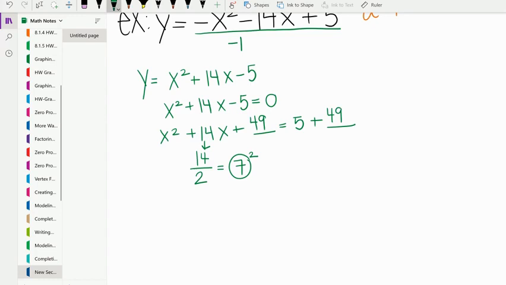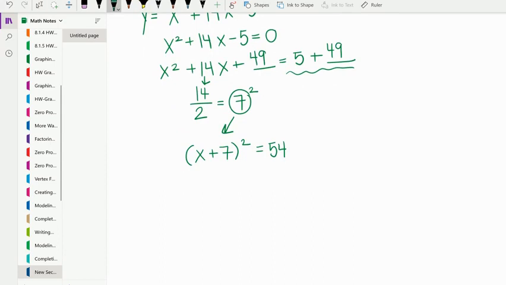All right, so you take this 7. This is going to become x plus 7 squared, and then you add 5 plus 49 together, which is equal to 54. So same thing as before, you would do x plus 7 squared minus 54.